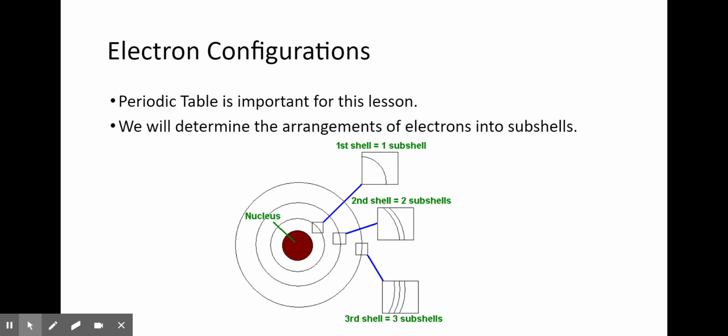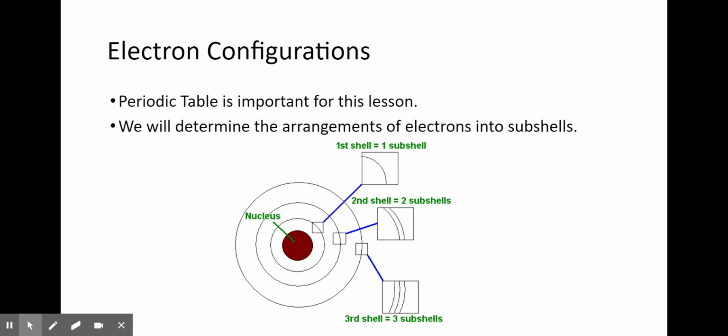Okay, so let's talk about electron configurations. Okay, the periodic table is super important for this lesson. We're going to determine the arrangements of the electrons into those subshells. Okay, so you'll see here the nucleus will always be represented when we have these drawings. Okay, the very first shell will have a total of 1 subshell.